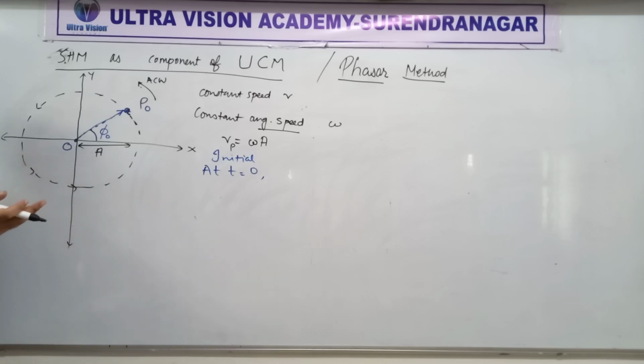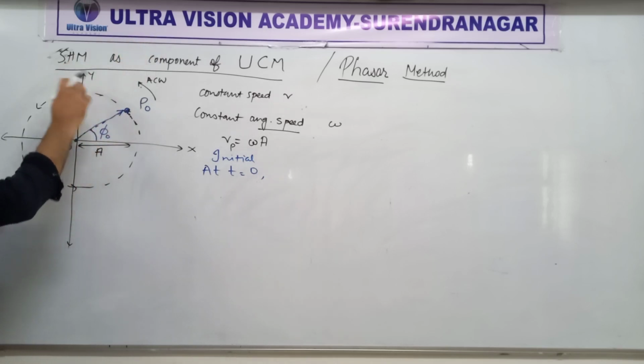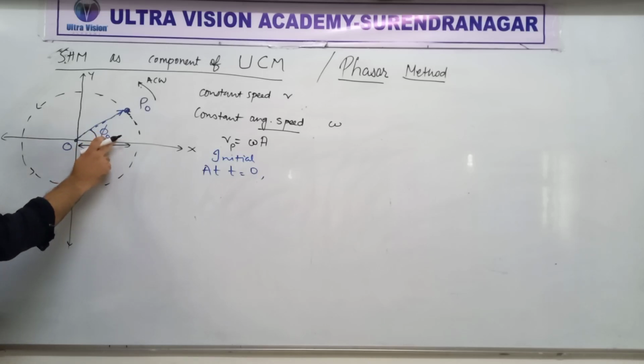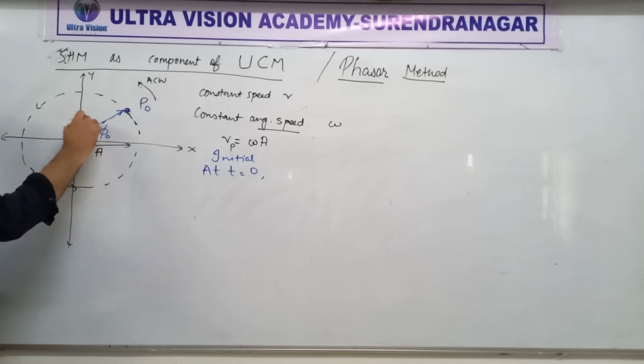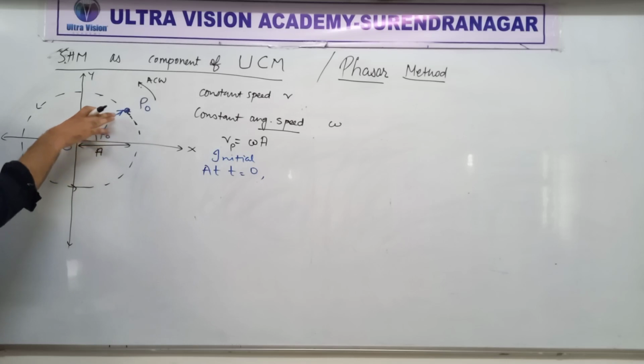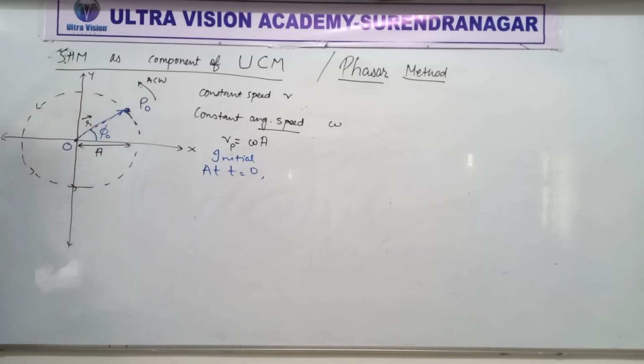Worry about that later. First of all, it's important that you understand the simpler things. Then you try to use advanced ones. So if this particle moves anti-clockwise over this circle, do you realize that the angle of the position vector will gradually change, yes or no?